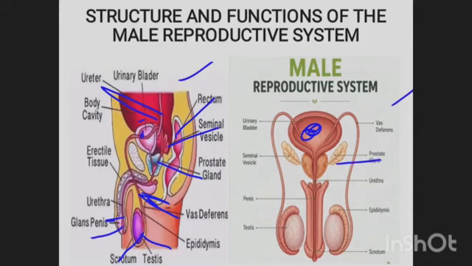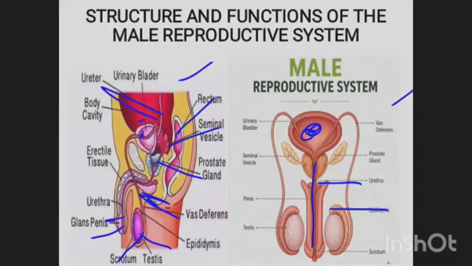Here's our prostate gland, as you can see. Here is the seminal vesicle, as you can see. Here is the urethra. The urethra runs all the way from the bladder down through the penis and out. Here is the epididymis.